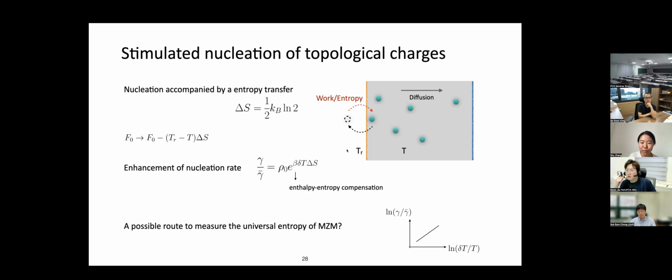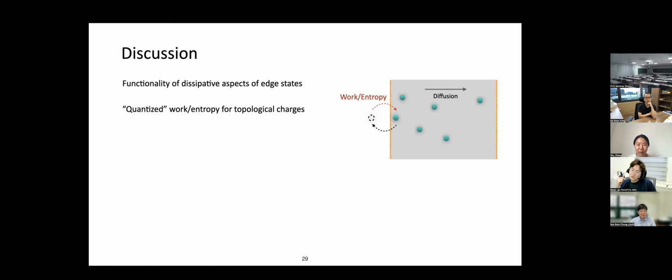Okay, so usually when we talk about topological matter, we tend to think of the edge mode as perfectly dissipationless. But here we explore what happens if it's dissipative, and actually there might be some functional application of that: using this dissipation to do work or transfer heat into the system to assist the injection of topological charges.